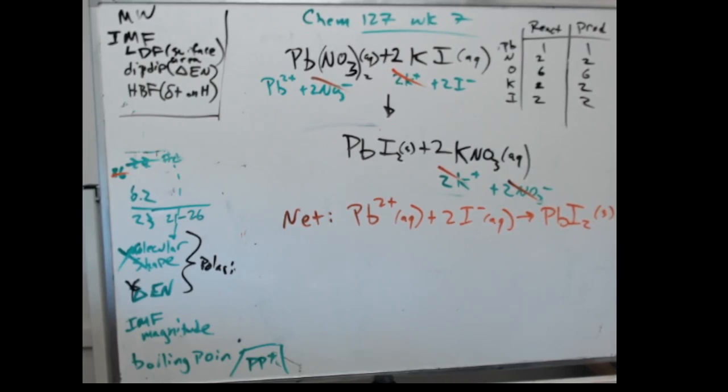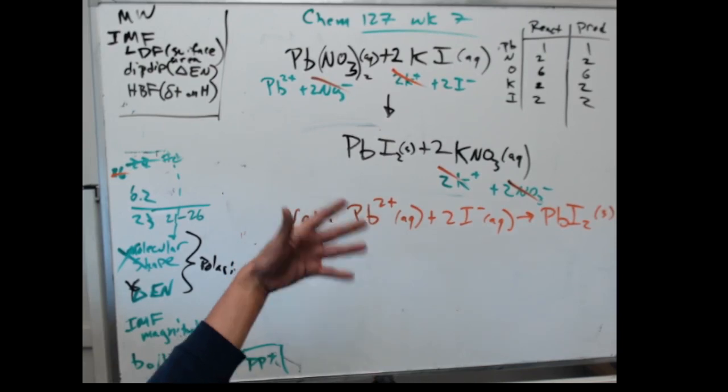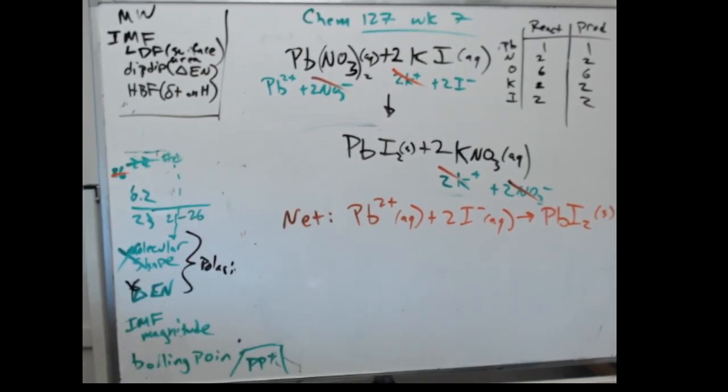It becomes really useful in future classes as well, because when we start looking at how much this reaction happens, the potassium and nitrate don't need to be considered. I can just focus in on this as my net ionic precipitation reaction. But also aren't some of the other things also changing because they're bonding to new things, like, I forgot what K is, and nitrate.